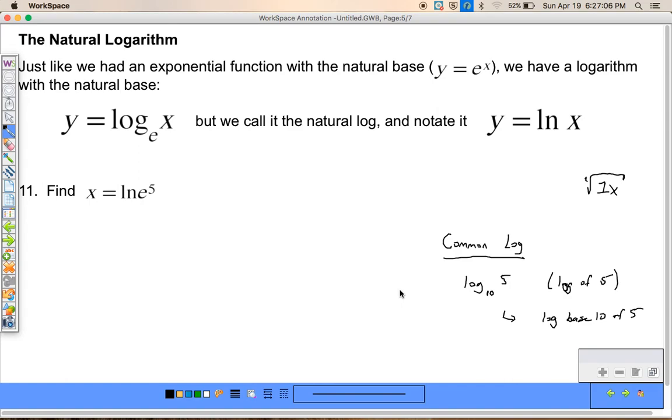The other type of base that we're going to deal with is the same base that we dealt with for exponentials, which was base e. From the previous section, we called this the natural base. So if we put this base in as a log, we are going to call this the natural log.